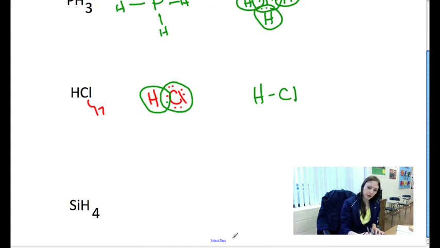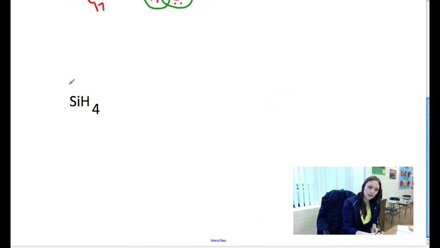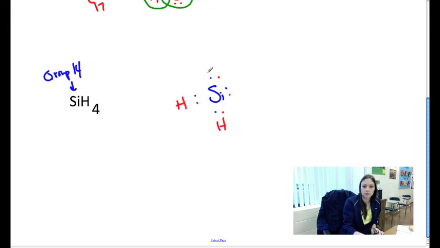Look at SiH4. Si is in group 14, meaning that it's going to want to form 4 covalent bonds because it has 4 valence electrons. And look at this, we have 4 hydrogens. So each hydrogen is going to come along with its valence electron, and they're going to share.